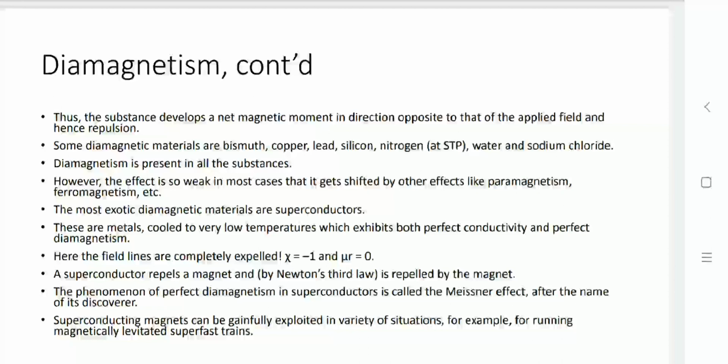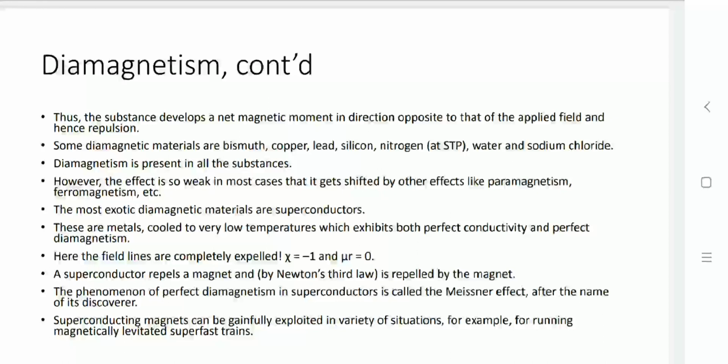Actually, diamagnetism is available in all substances, but its effect is low in most cases. So paramagnetism and ferromagnetism can dominate, and it can shift from diamagnetization to paramagnetization or ferromagnetization.